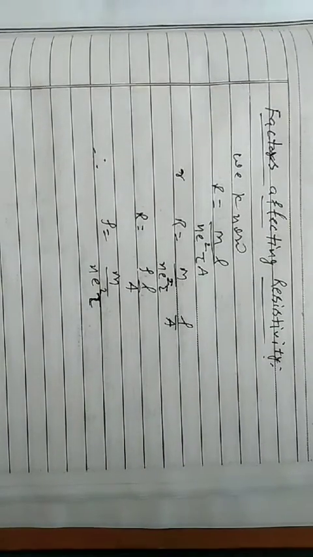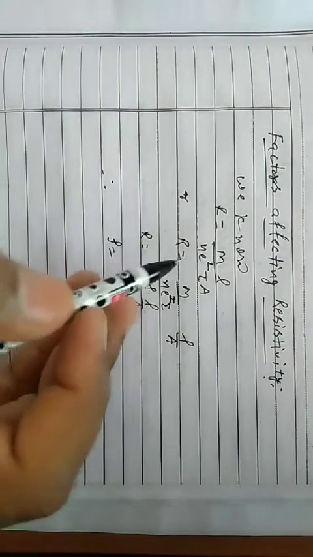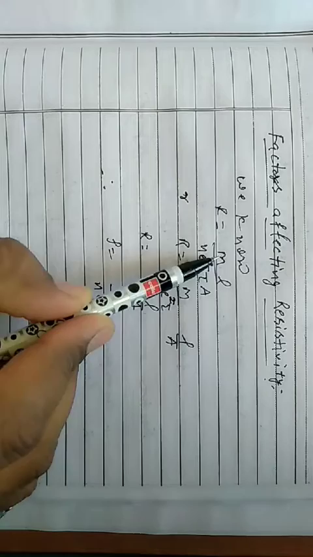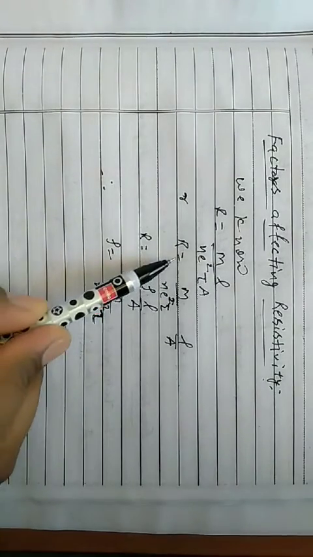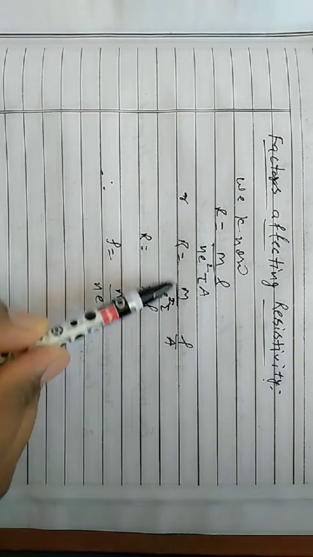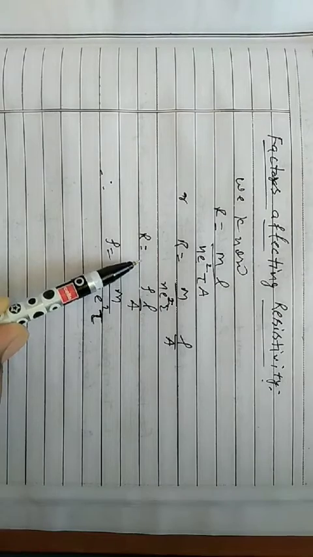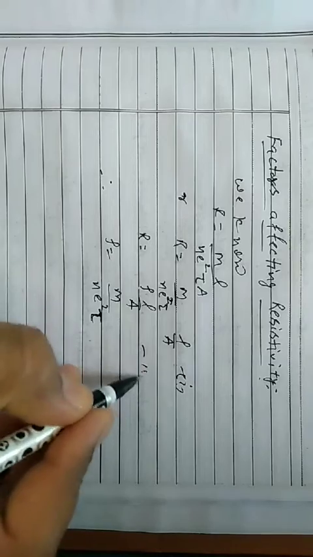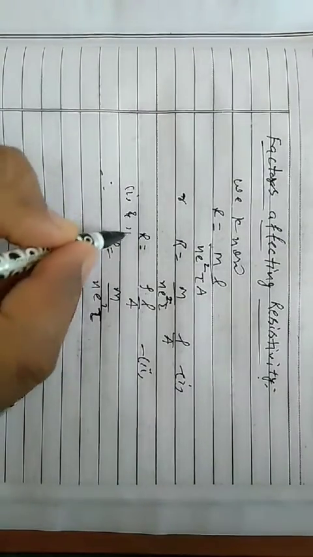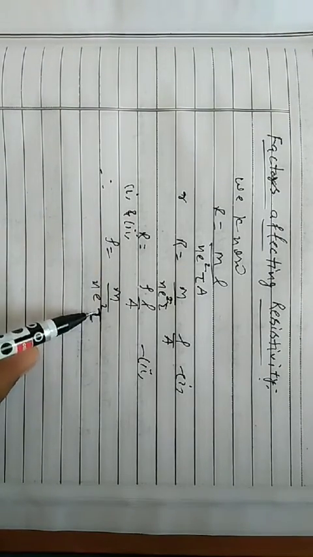Factors affecting resistivity. In the derivation of Ohm's law using drift velocity, we have taken capital R is equal to ml upon n e square tau into A. Now we can write this equation as R is equal to m upon n e square tau into L by A. In the last topic we have written R is equal to rho L by A. If this is equation number first and that is equation number second, now if we compare first and second, then we will get rho is equal to m upon n e square tau.